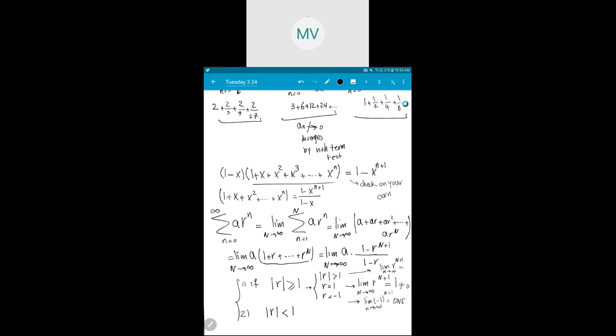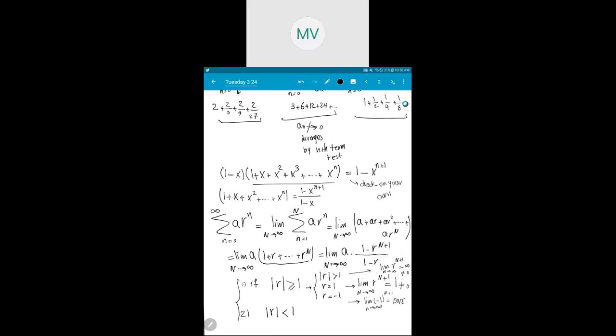For example, R is 2. So what's the limit of 2 raised to infinity? That's infinity, and again, it's not 0. So for all 3 cases, the limit doesn't exist, and that's not the case of our interest.